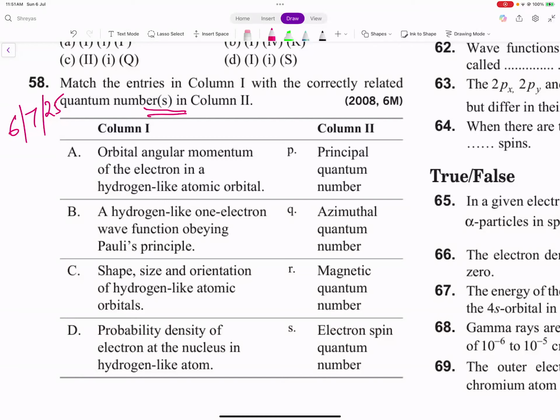Yes, sir. A matches to Q, I think. Then D matches to P and Q. I'm not sure about B and C.